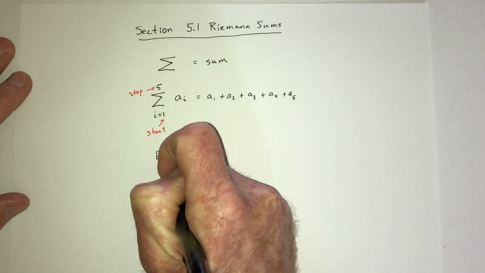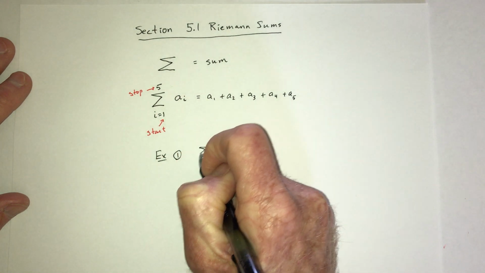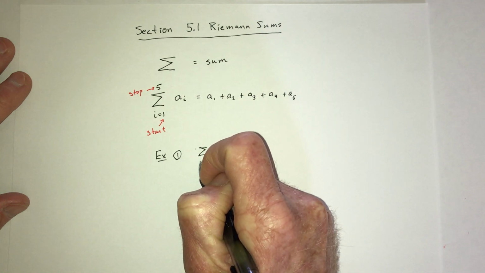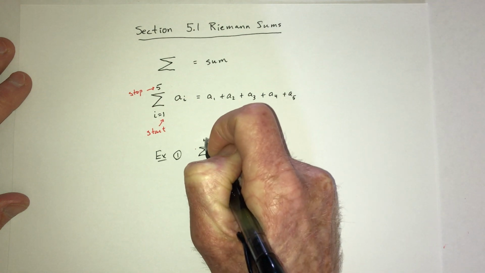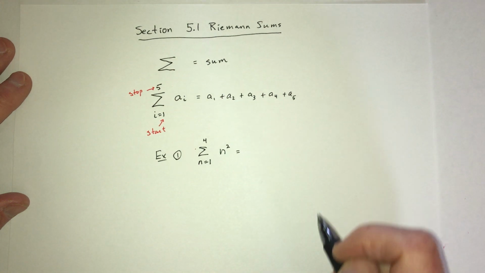So for example number 1, how about if it is find the sum, and it could also be n, as n goes from 1 to 4, and I want you to add up the squares.